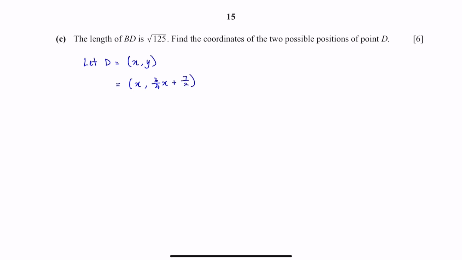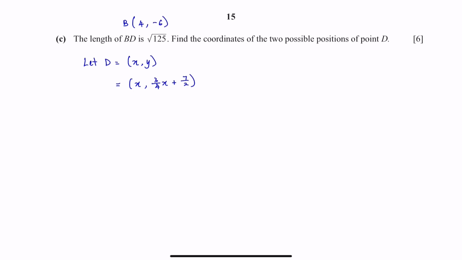Okay? And the other fact is that BD is root 125. And the coordinates of B, let me write it down, is (4, -6).